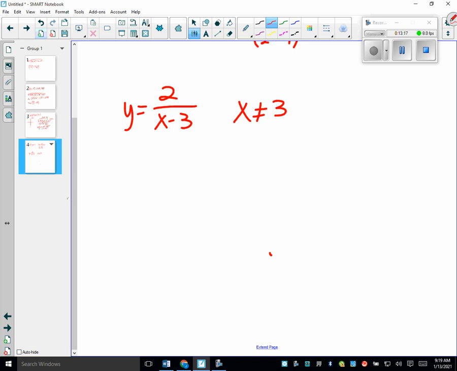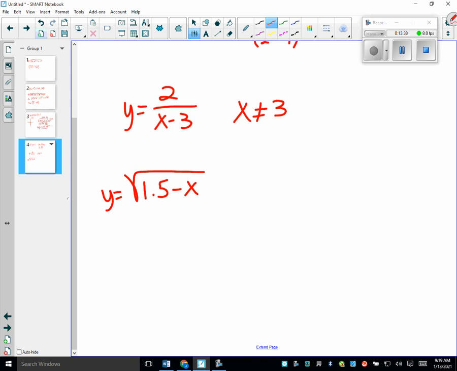Now, what if they do something like this? Under the radical, y equals 1.5 minus x. What has to happen under a radical? We're only talking about real numbers.